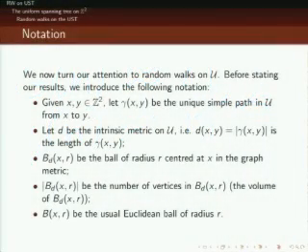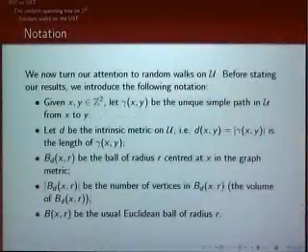Okay, so now let's get to the main part of the talk, which is random walks on the uniform spanning tree, for which there's just the last little bit of notation I have to introduce. Gamma xy is the unique path between x and y in the uniform spanning tree, or equivalently, you can think of it as a loop-erased random walk from x to y. We let d be the intrinsic metric on the uniform spanning tree.